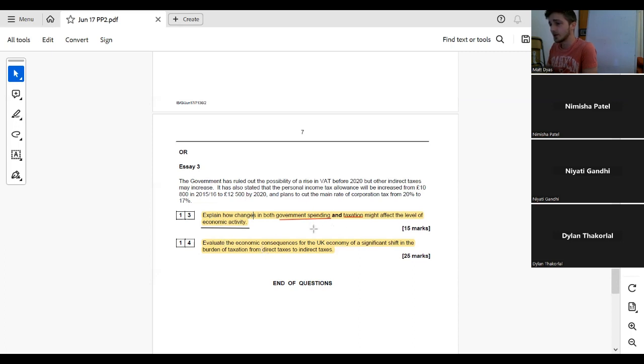But okay, let's talk about government spending first. That's the easy one. We could say increased G, where's my arrows? Here we go. Increased G leads to, oh no, sorry, my bad, technical issues.